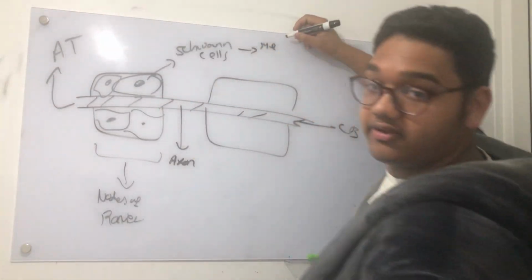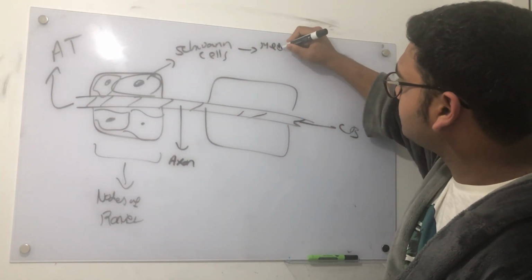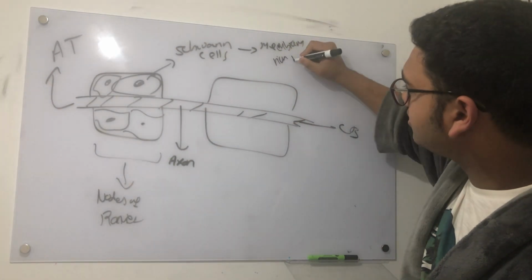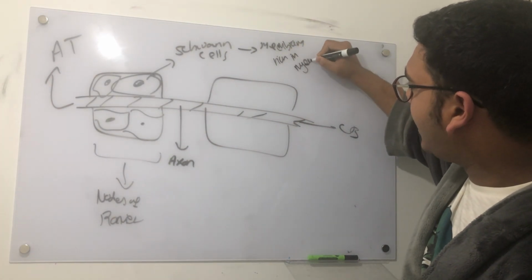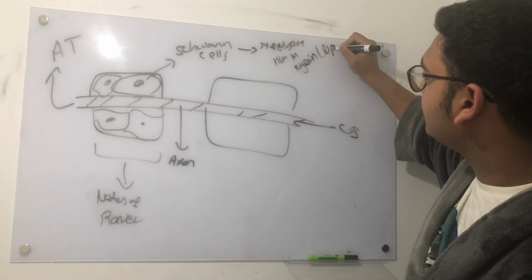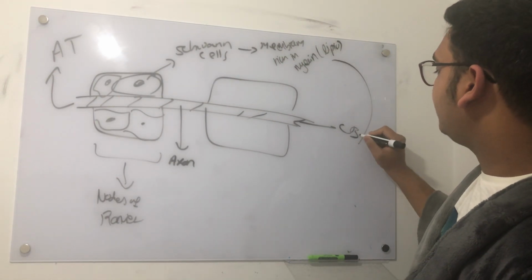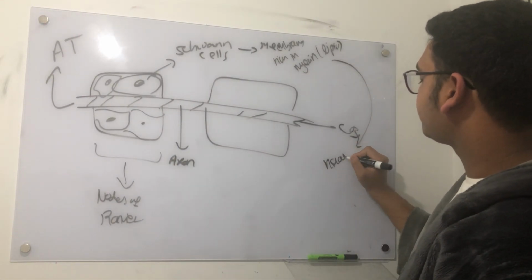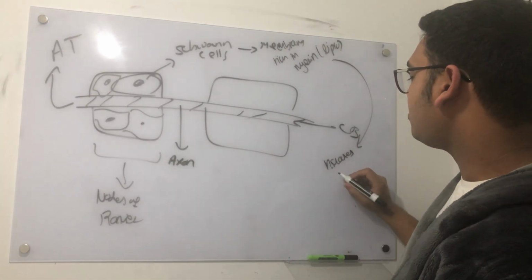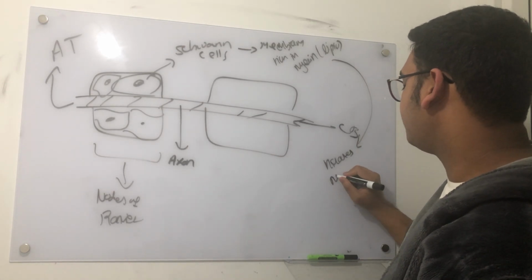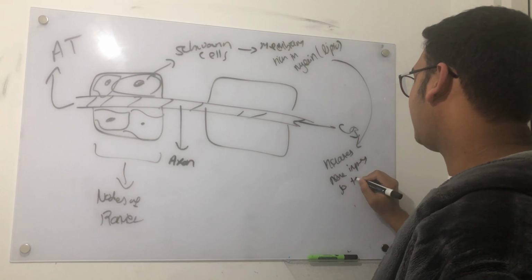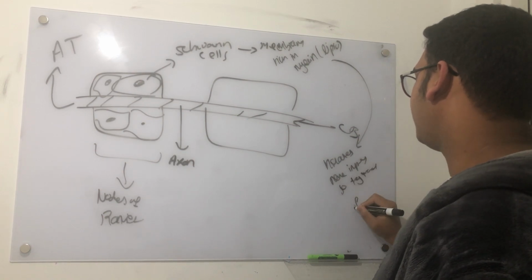So I'm going to move over here. And remember, myelin is a lipid. And what it effectively does is your GCSE kind of thing, insulates nerve impulses so they travel faster.